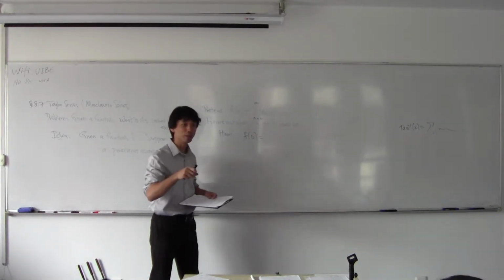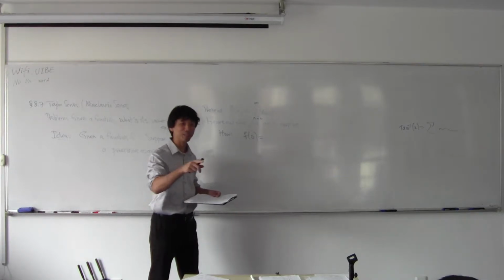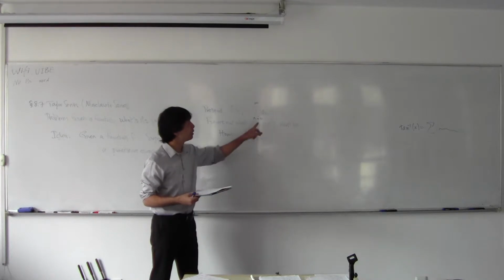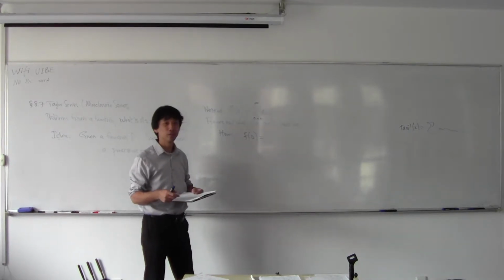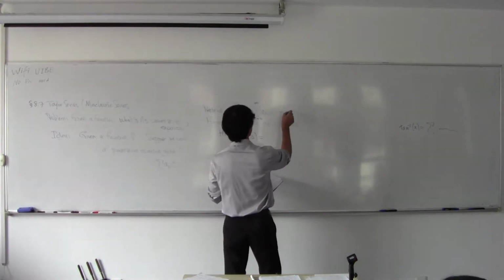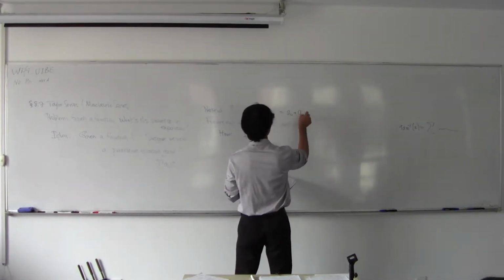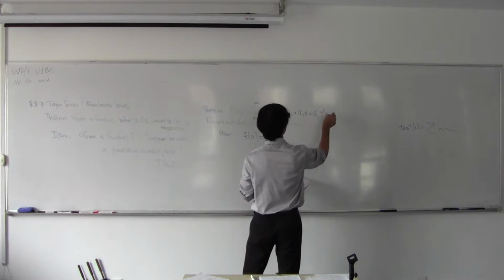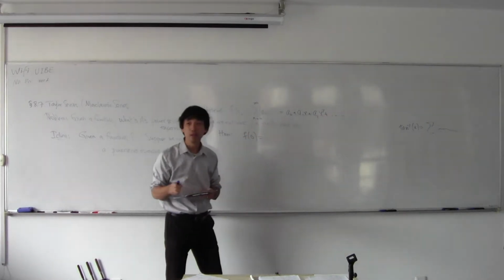A sub n when n is 0. So you're going to get a0. Let me show you. This is a0 plus a1 x plus a2 x squared plus et cetera, right?